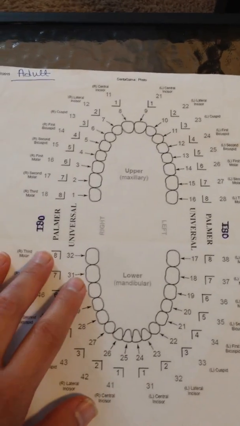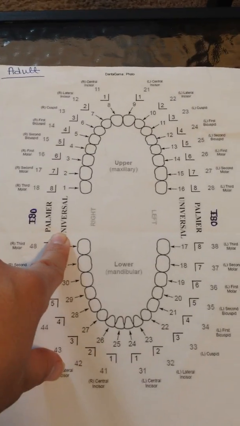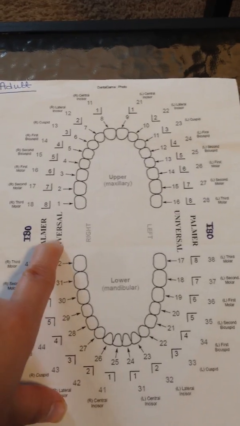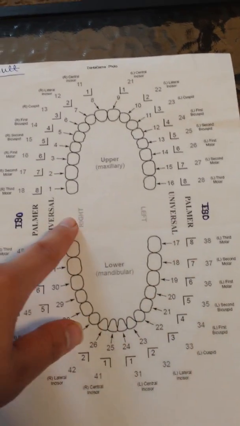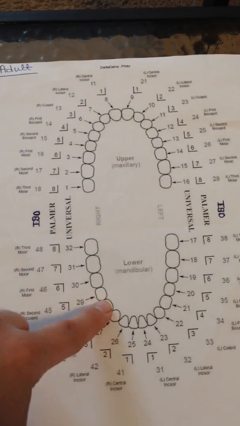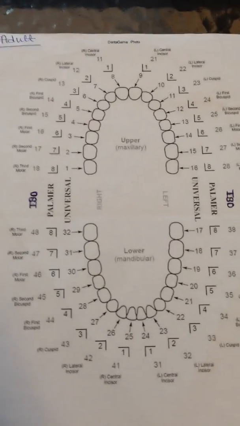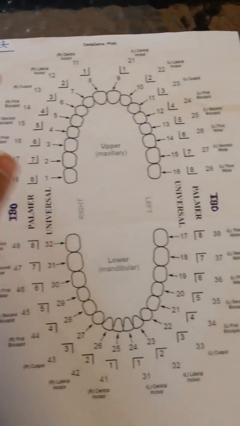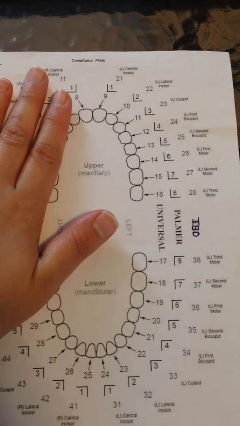That's a total of 32 teeth. I already talked about how to divide the teeth into upper maxillary and lower mandibular. And then we also talked about the quadrants.